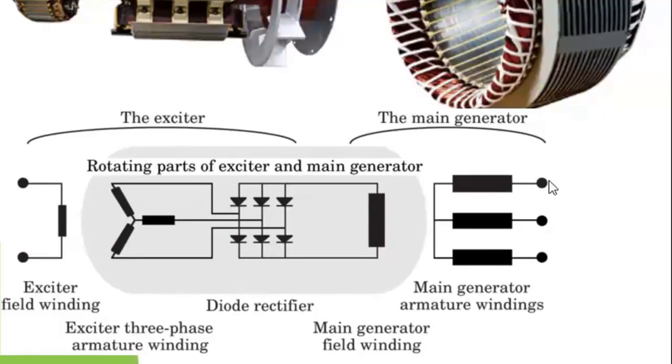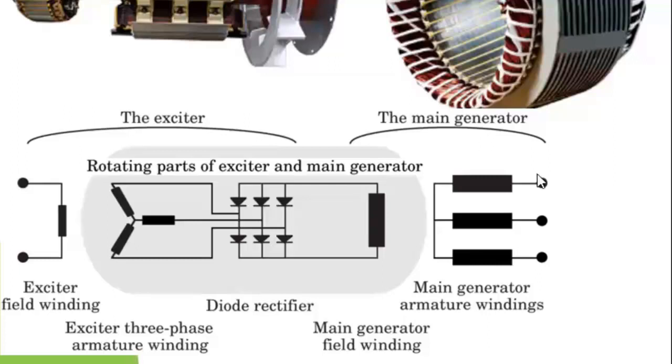These will be your phase 1, phase 2 and phase 3 at the terminal block. When you are using your digital multimeter to carry out tests on the main armature at the terminal block, since the windings are insulated from the yoke of the stator, when you probe line 1 to ground, line 2 to ground, line 3 to ground, you are not expected to have any reading.